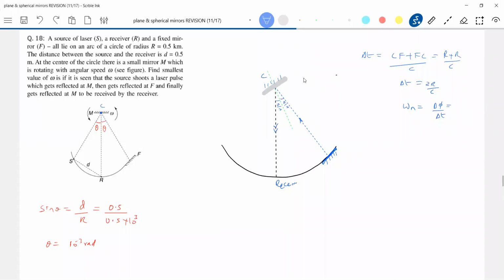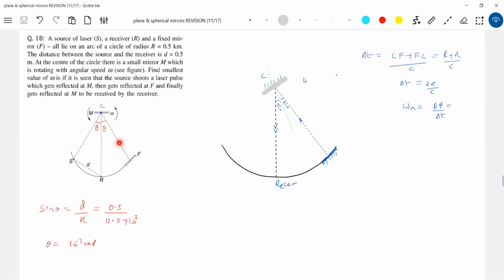If the mirror rotates by an angle theta, the reflected ray will rotate by twice that. So the reflected ray should be rotated by theta, then the mirror should be rotated by theta by 2. So the angular displacement should be theta by 2.